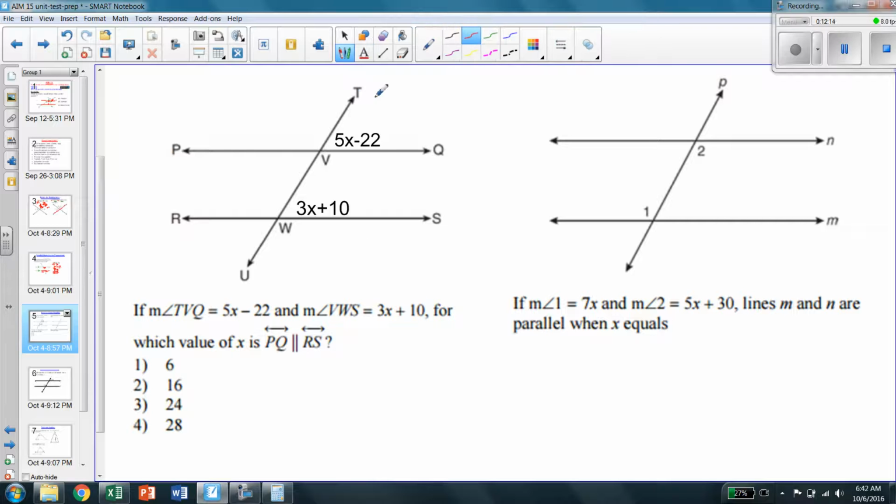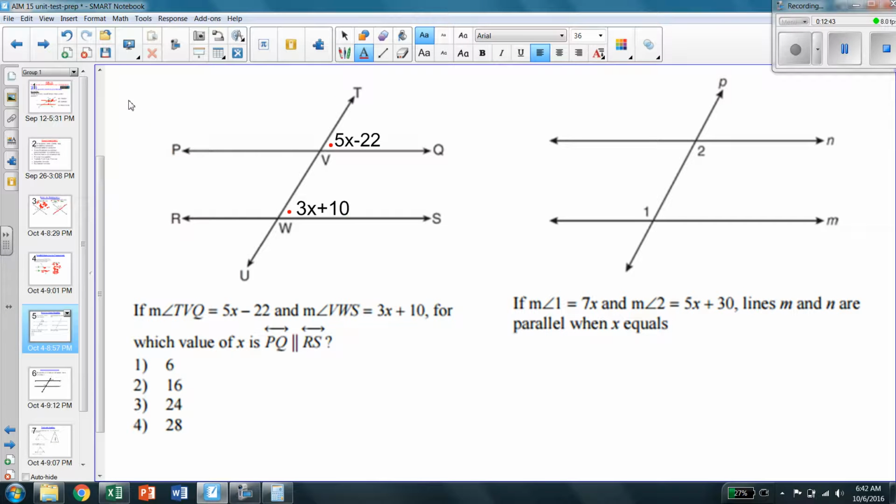Same thing that we worked earlier. If these are parallel, then this angle must be the same as that one. The reason being is right now they're in corresponding positions. See this intersection? This one's in the top right. See this intersection? This one's in the top right. If they're the same, the corresponding angles are congruent, and that only happens when you have parallel lines.